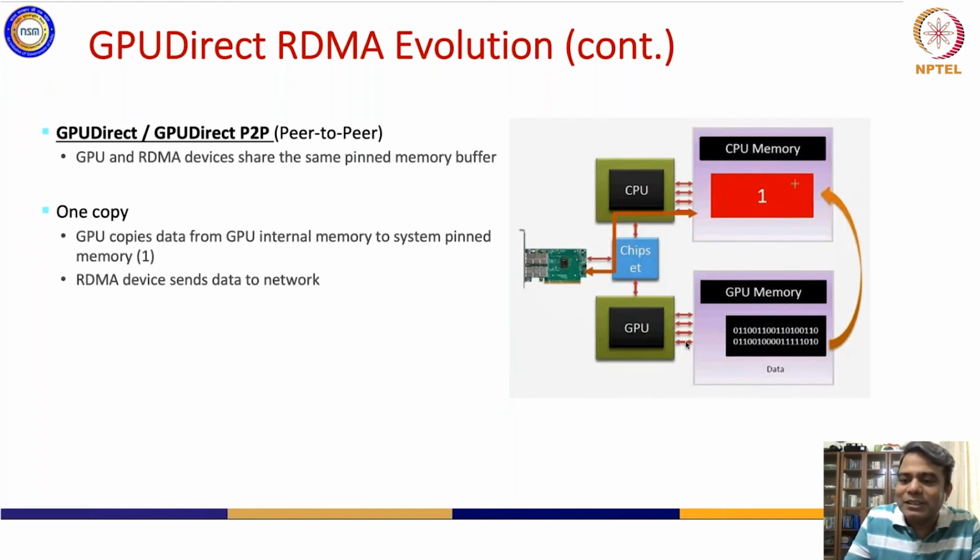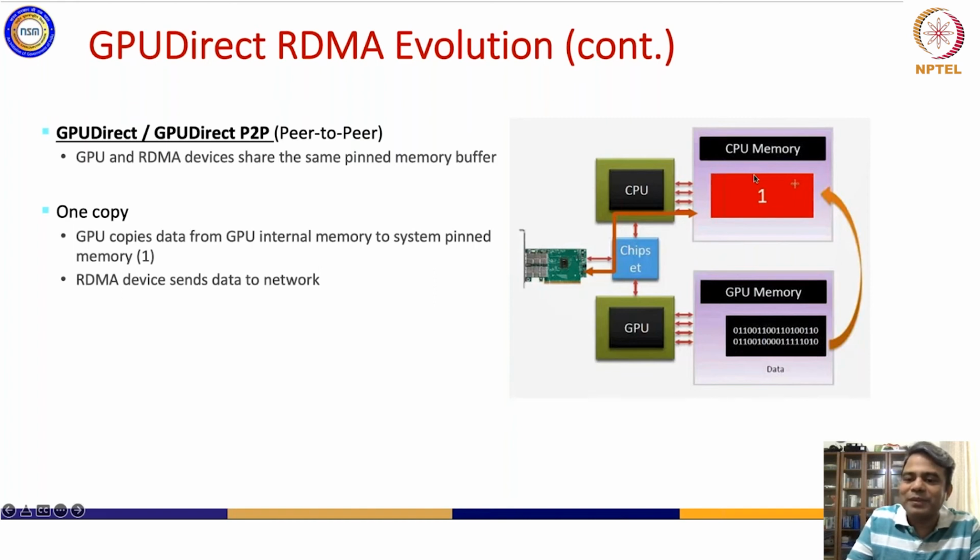Once the GPU has written its data onto the system RAM, the adapter can access the same area and do a DMA operation to the other side. It gives a good amount of acceleration because you have completely avoided the memory copy within the system RAM.